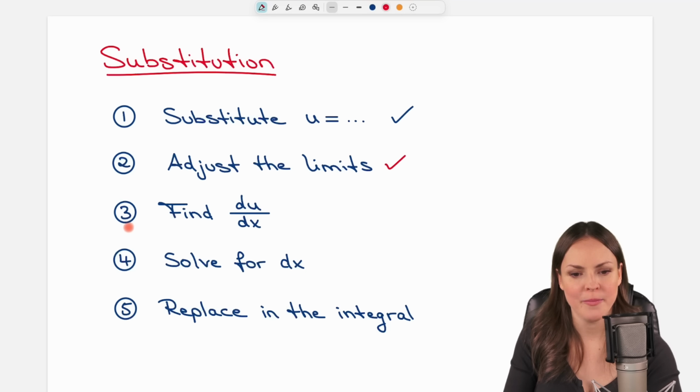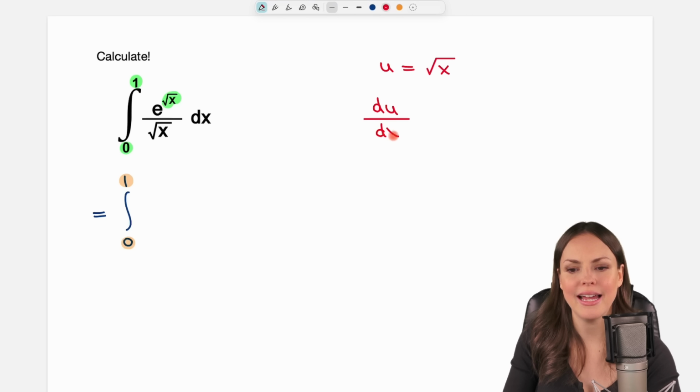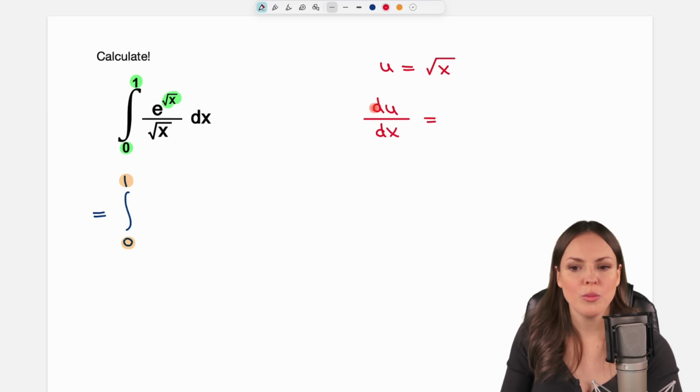Step 3, find du over dx. So far we adjusted the limits. We have our substitution here, and now we want to find du over dx. What is this? Some people might be confused to see this, other people always work with this way of writing it.